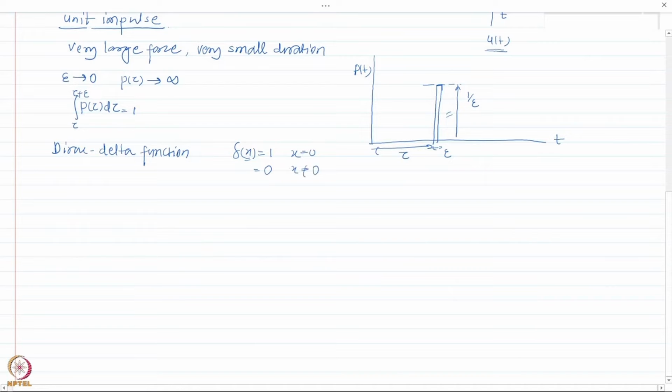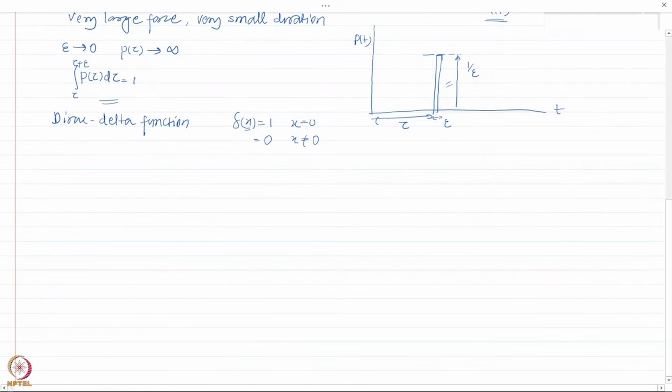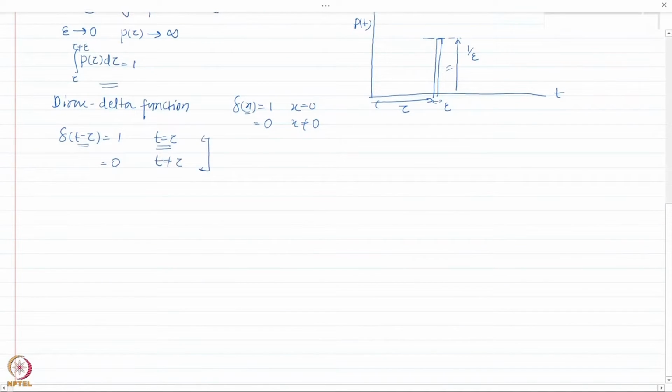For this function, I represent this Dirac delta as delta of t minus tau, so that it is equal to 1 when t equals tau. When t equals tau, the argument becomes 0, same thing that we did here, and it is 0 for t not equal to tau. So this is mathematically how we represent the unit impulse.